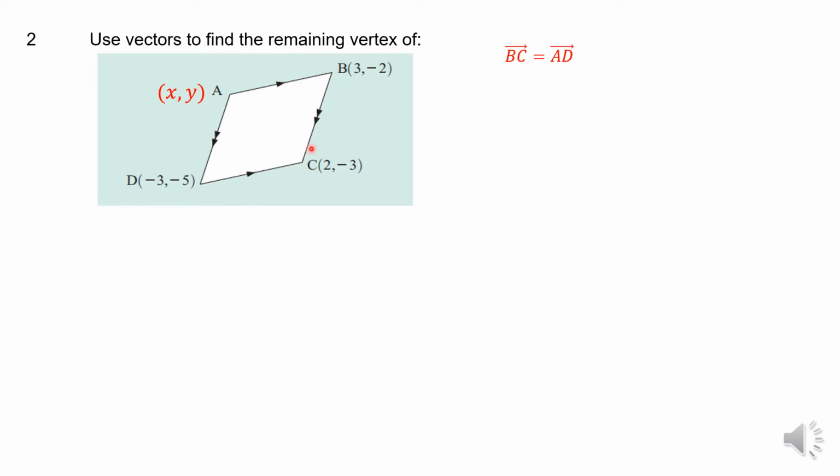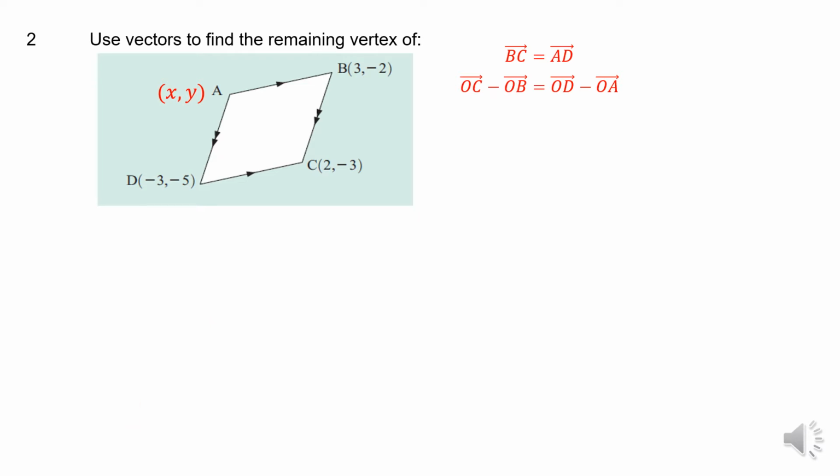From our diagram, you can see that BC is equal to AD, and not only are they equal, they are also parallel. So when I find BC in terms of position vectors, BC will be OC minus OB. Please have a look at one of my videos on vectors.